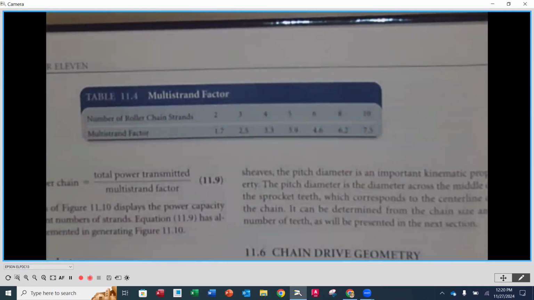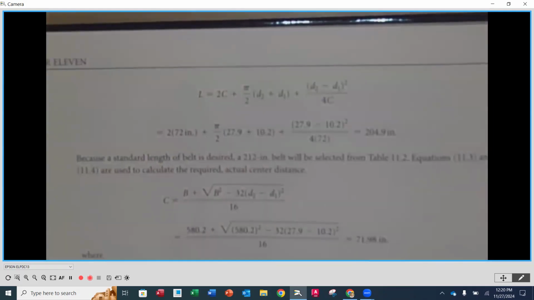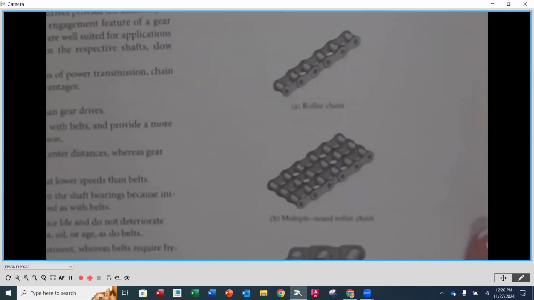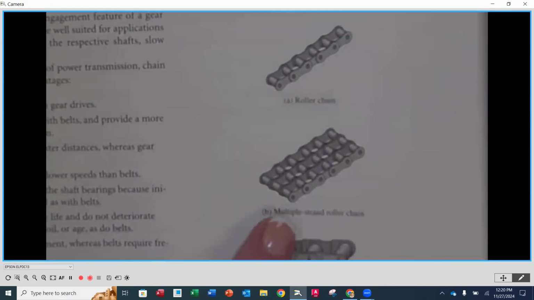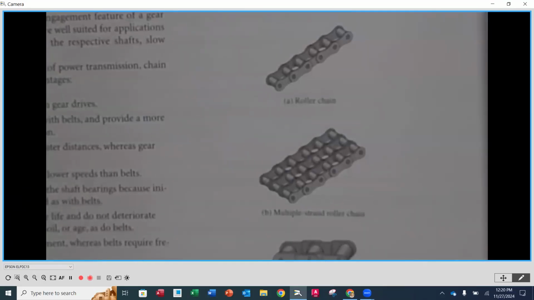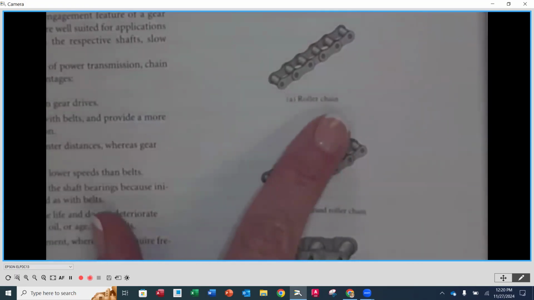Now, the reason that we don't get a 1-to-1 ratio, if you would, is because as we have these together, these literally are integrated so that those side plates on the inside are shared between the different strands. So we don't physically have 3 full strands in this case. We've got side plates that are shared between the 2.